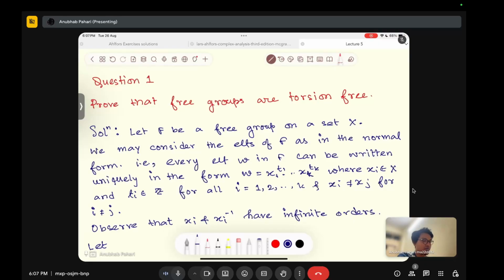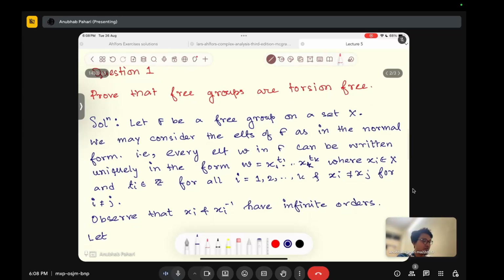This is a group which is primarily a set of equivalence classes where a relation is defined by a finite number of operations of adding xi inverse and these kinds of things. So we are trying to show that a free group on a set is torsion free.